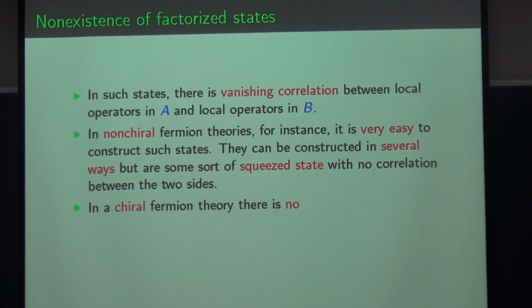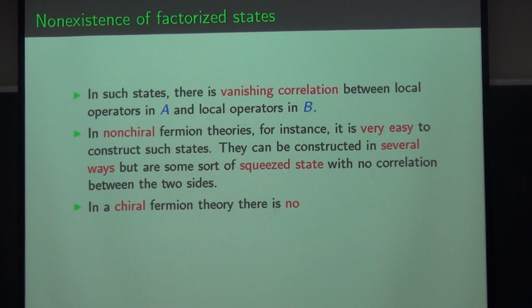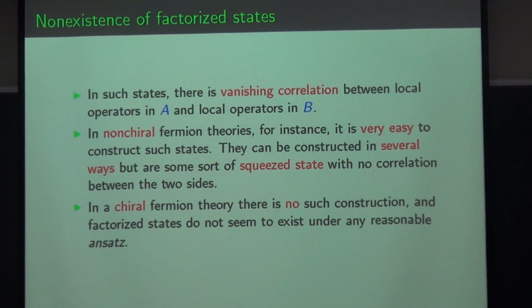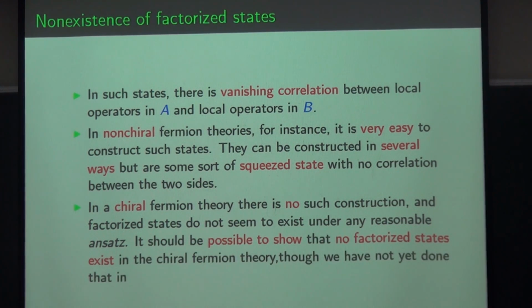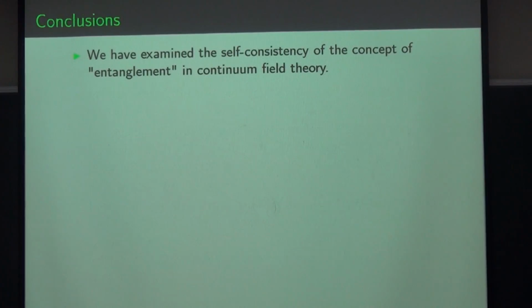And you can show in some amount of generality that for instance for very generalized squeezed states, there are no such states with vanishing correlation functions between the two sides. So it should be possible to show it in complete generality, I think. But we're not done with that.